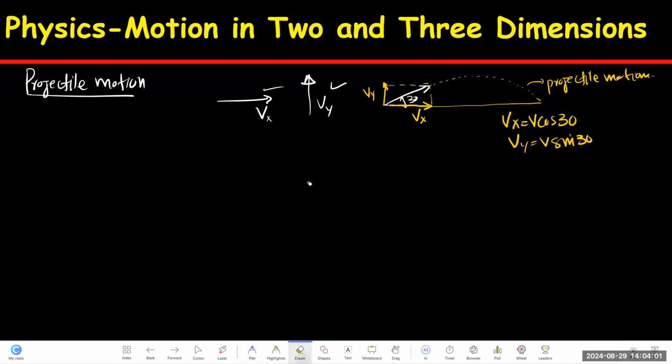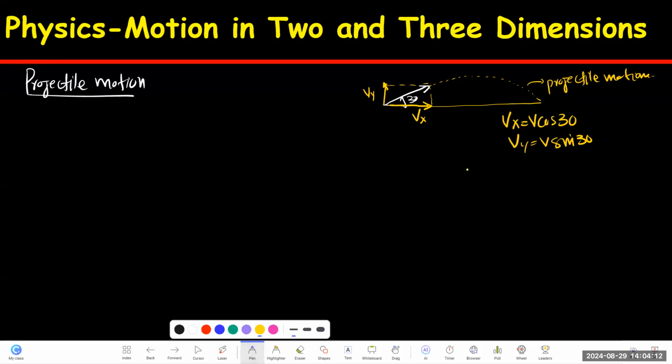If I want to draw this, I can draw it, but before that I have to apply the equations of motion: vf equals vi plus at, 2as equals vf squared minus vi squared, and s equals vi t plus half a t squared. These are the three basic equations.